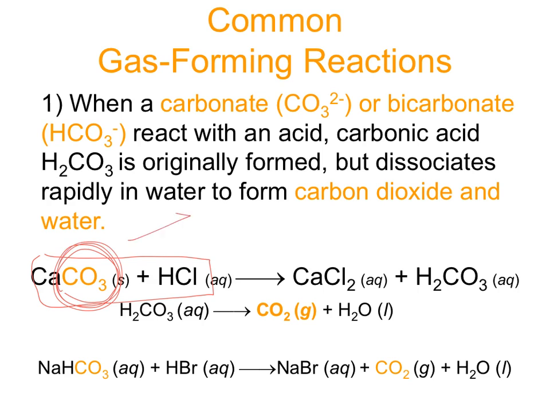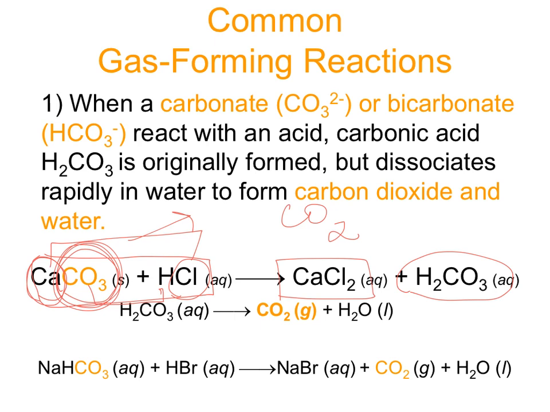And you're like, aha, CO2 is going to be one of my products. Well, first you have to go through the motions of doing the double replacement reaction, which means the two outer ions combine, give you calcium chloride, and the two inner ions combine to give H2CO3, which happens to be called carbonic acid.